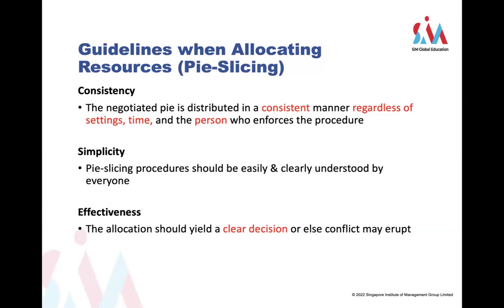Number 2, it should be simple, easy, and clearly understood by everyone. There is no confusion because it is a very simple, very clear procedure. Number 3, effective. Okay, there should be a clear decision in the way you allocate resources. If not, there may be conflict after that.